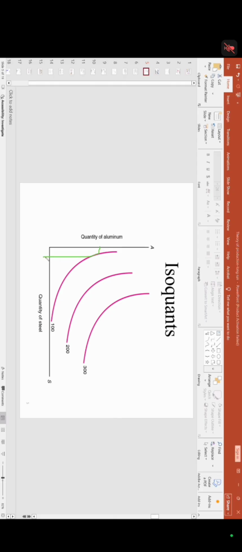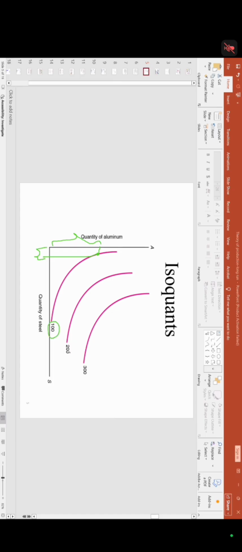So if you are going to produce this much of combination for the given output level, you may use this much of aluminium, but this much of steel. Okay, so this is your given level of output.